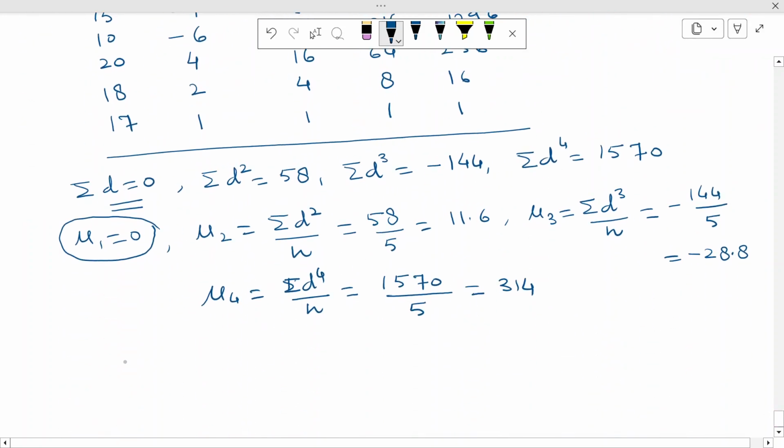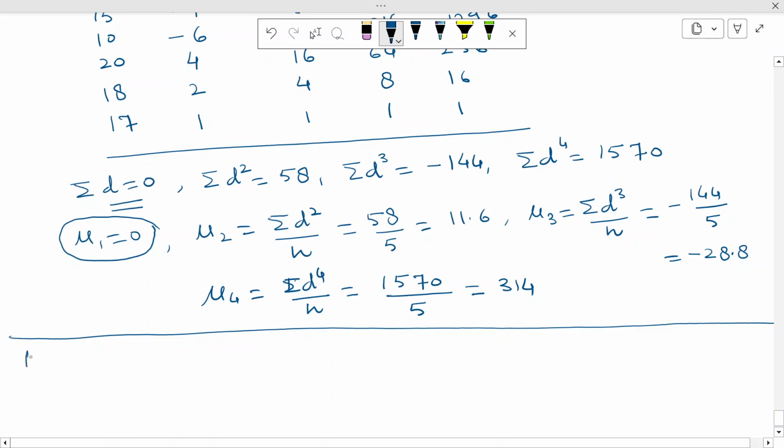However, the main information will be provided by our central moments, so we are always looking for the central moments, but yes, sometimes we calculate non-central moments. And what is the advantage? Before that, let us take one more problem on discrete data.